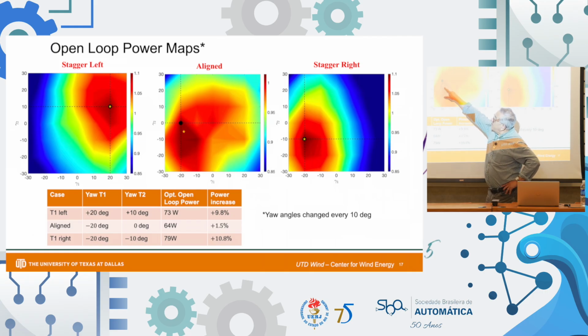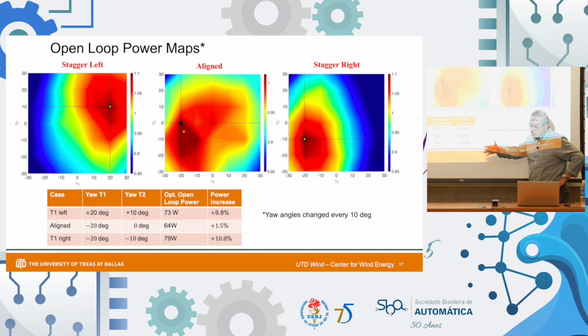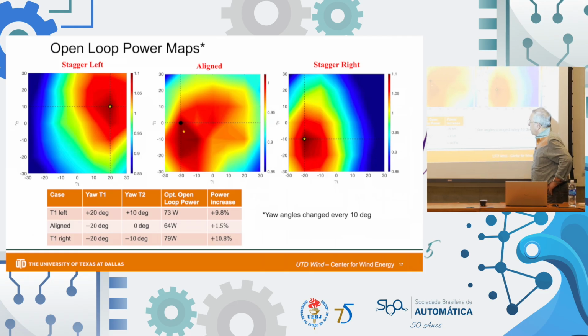That's why it's in a darker spot than the black. We will see that in the next slide. And then when we go to the right configuration, same story as the left. You switch by 20 the first row, switch by 10 the second row, switch means change the yaw angle, and then you have a power increase of about 10%.